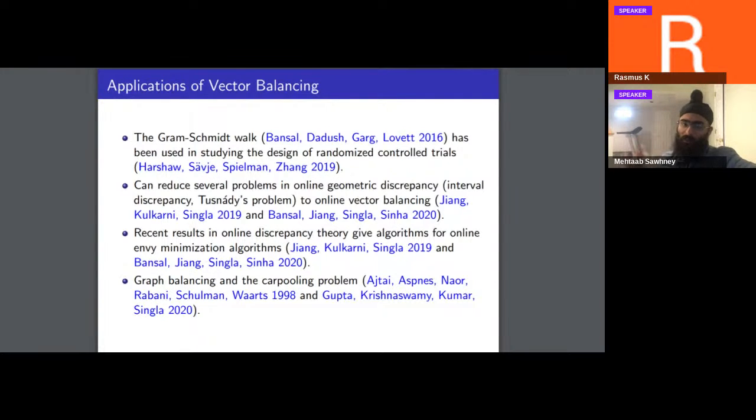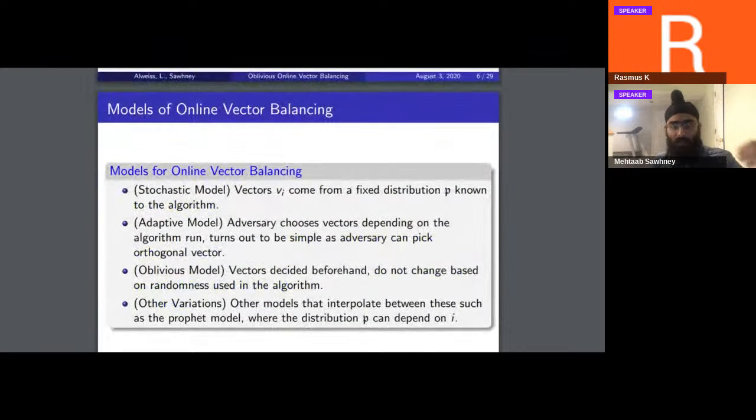Basically, you're given an edge from some graph, and you want to orient the edge so that each vertex has approximately the same number of in-neighbors and out-neighbors, and there's some connection to a problem known as the carpooling problem. Next slide.